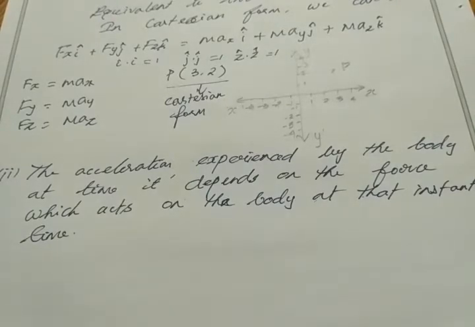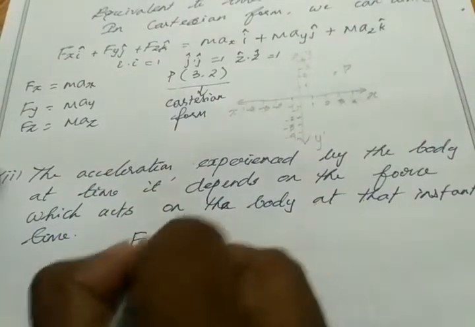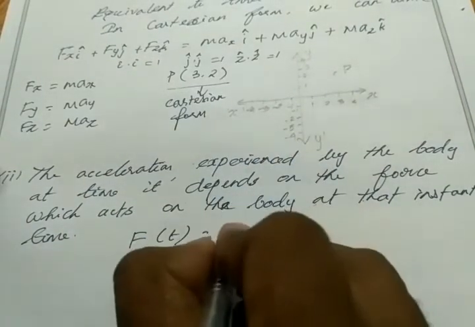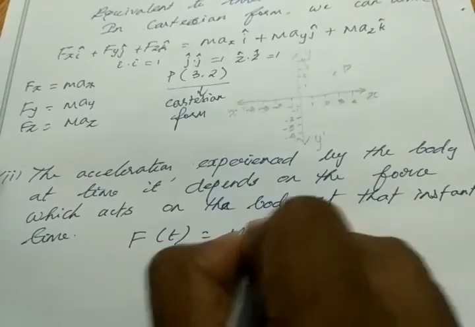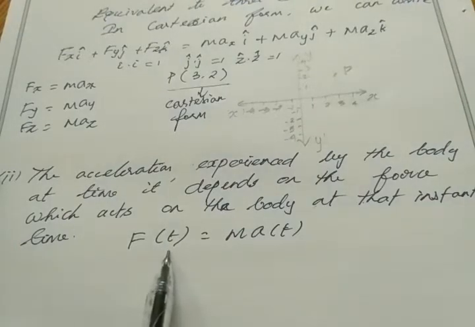We can write it mathematically as F(t) = m a(t). So we give force at a certain time, and because of that force only we gain acceleration.